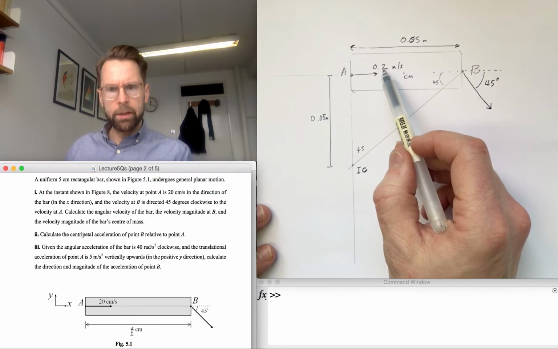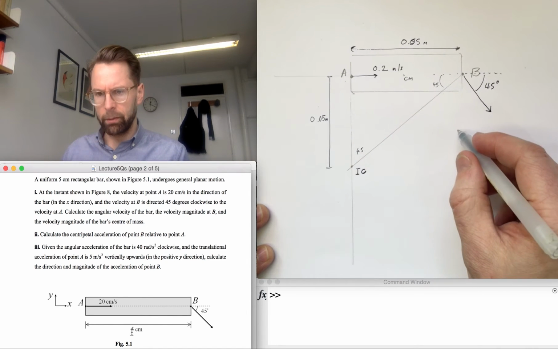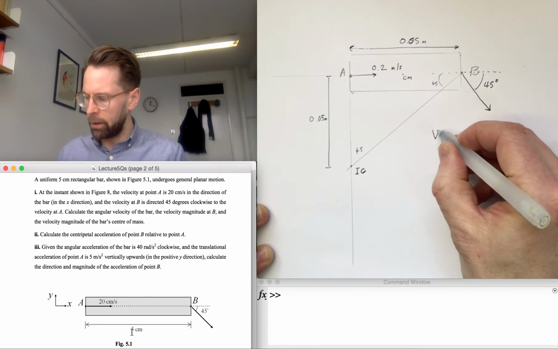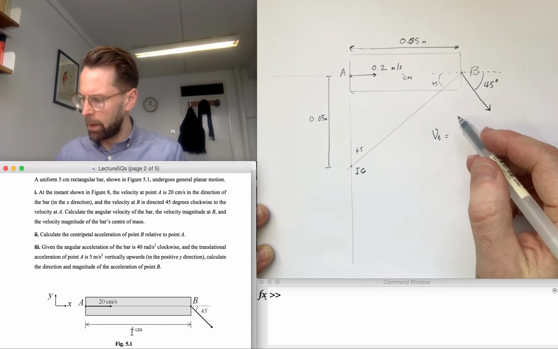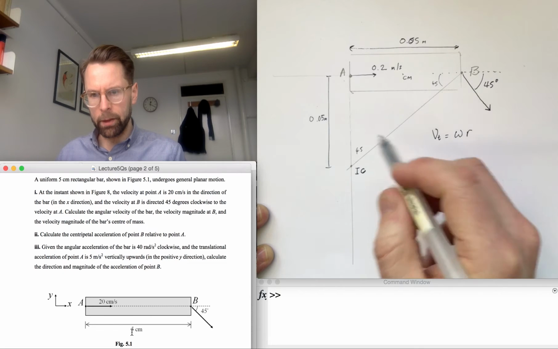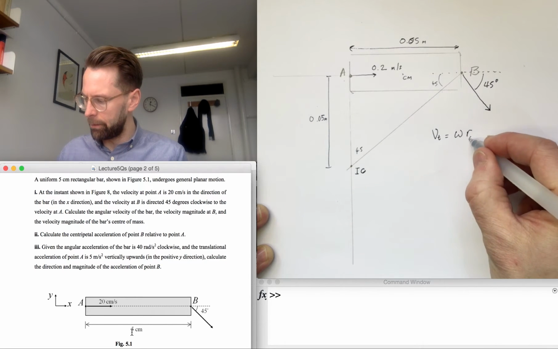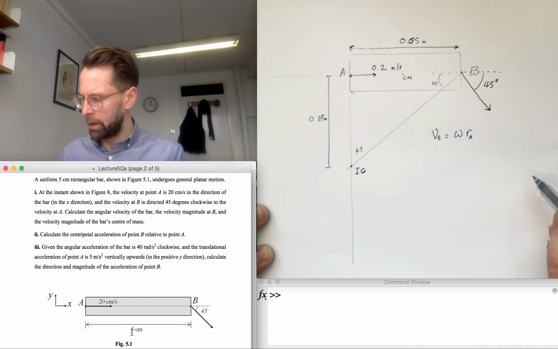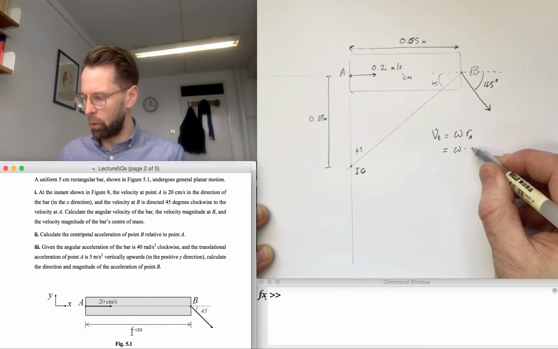So because this velocity is the tangential velocity of this fixed axis rotation, we can use the fact that the tangential velocity is equal to omega times r. And r in this case, let's say it's RA, is the length of the line between the instantaneous centre and point A. So that is omega times 0.05.